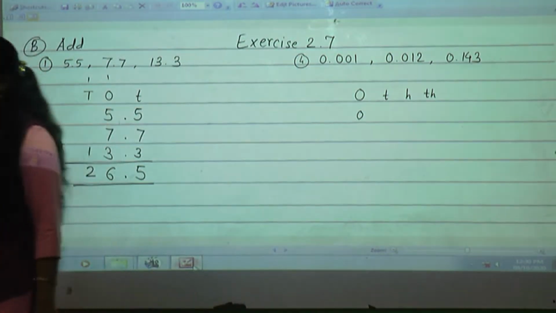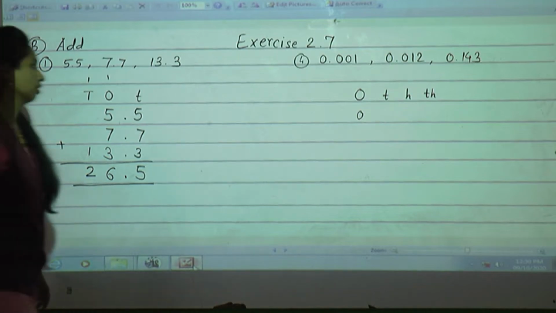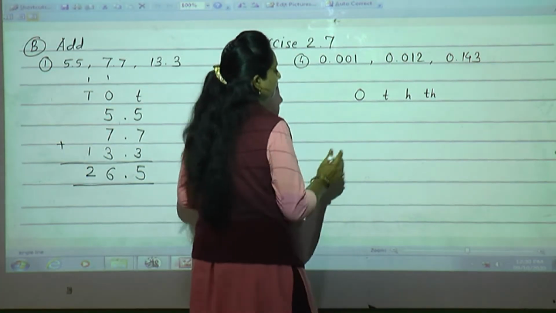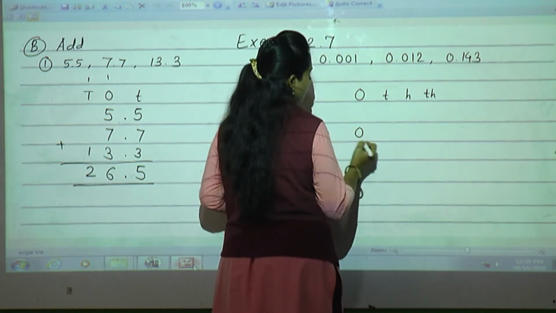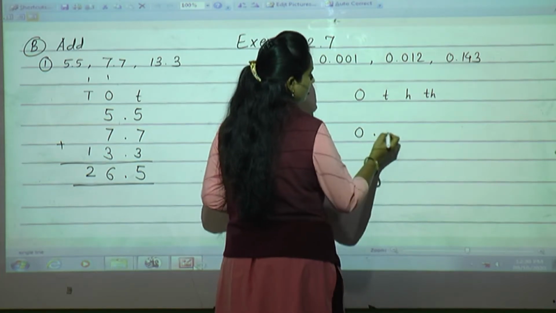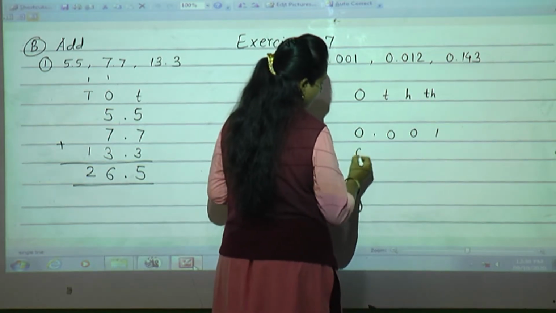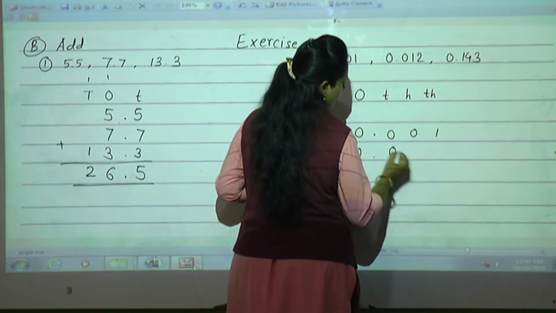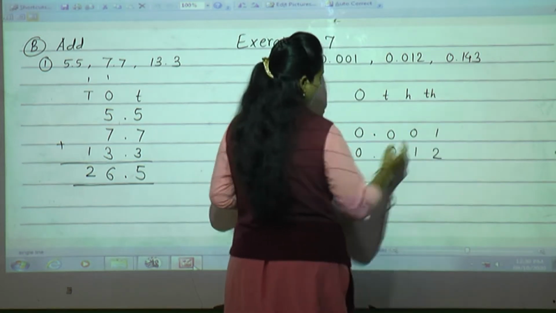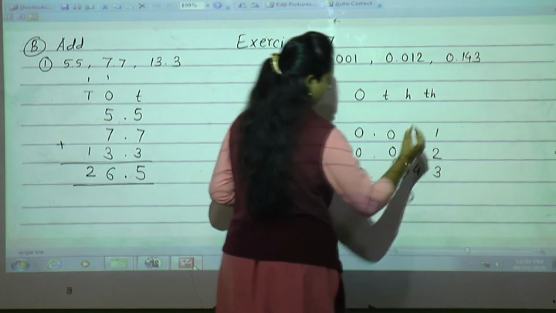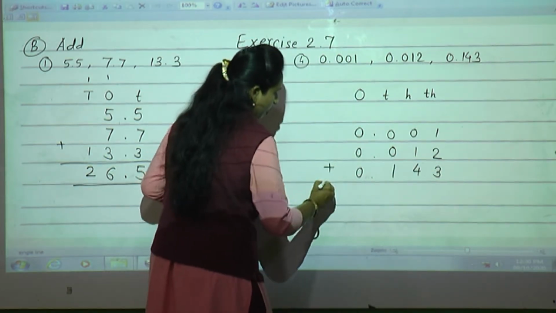Here I'll leave one box for carry, then 0, decimal point, 001, next 0.012, and the third one 0.143. Then give the addition symbol, compulsory.